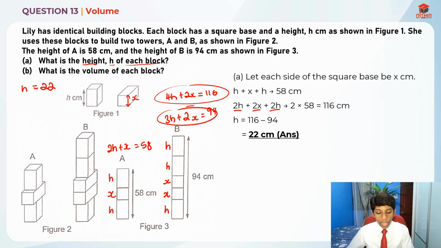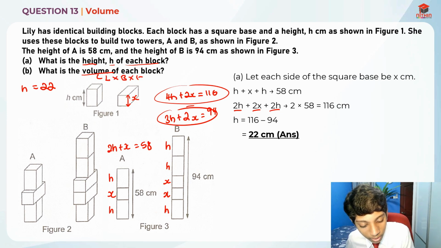For part B of the question, they are asking us what is the volume of each block. What is the formula to find volume first of all? Volume is equal to length times breadth times height. We have the height, which is 22 cm, and now we just need to find the length and the breadth, which is x cm each.